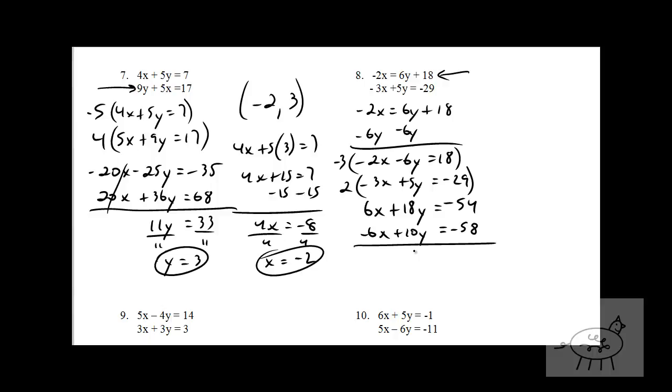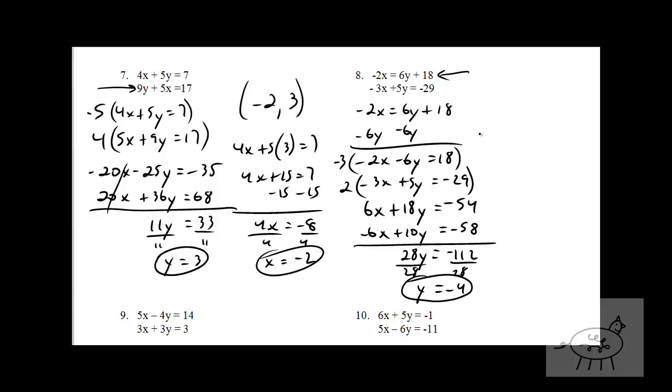So we get 28y equals negative 112. Divide by 28, and it actually works out nicely for you if you use your calculator. y comes out to be negative 4. Okay, if I plug it into that top equation, the x is already solved.